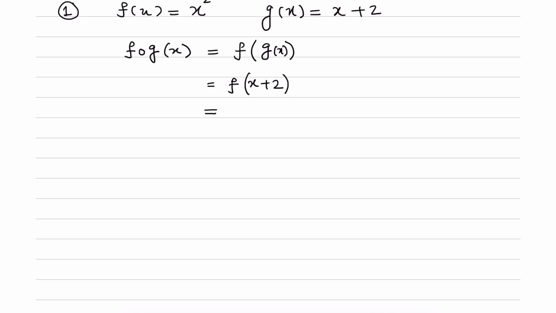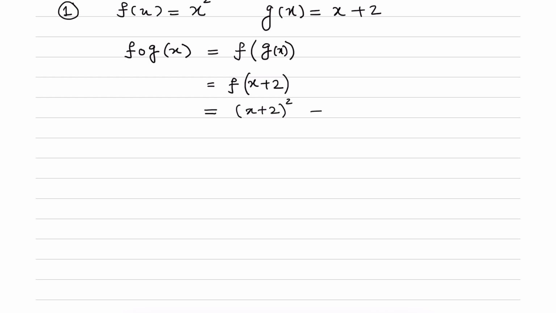So we write the outside function f as it is, except where there is x in that function. The function f is x squared, so we will write just the square and leave the space for x. In this missing space, we will put whatever is the argument from the previous step, which is x plus 2. So we will put it here.